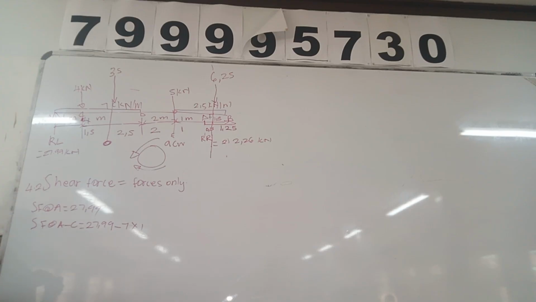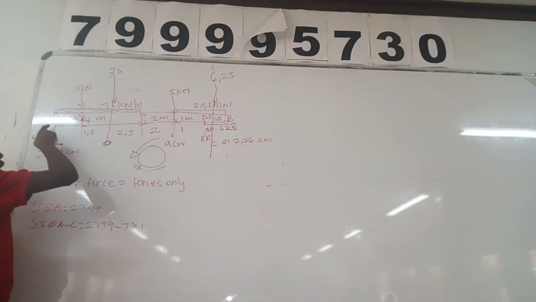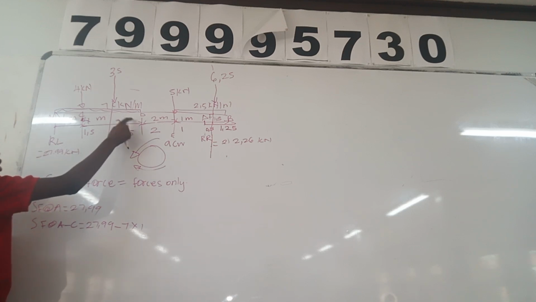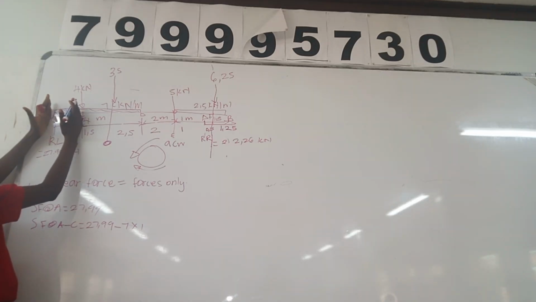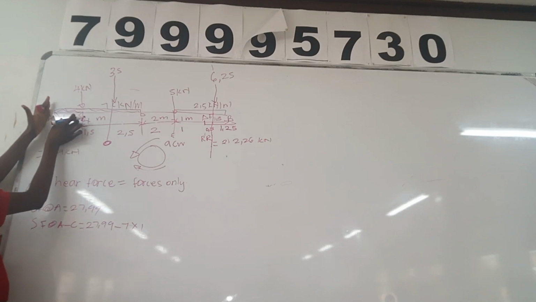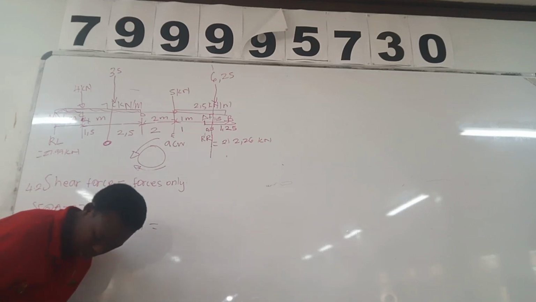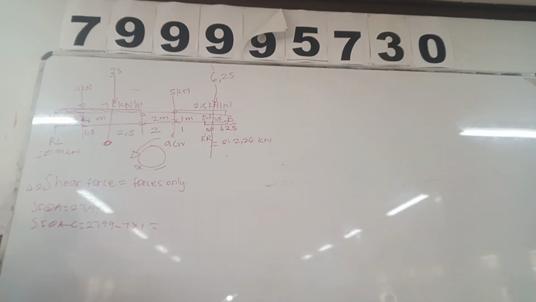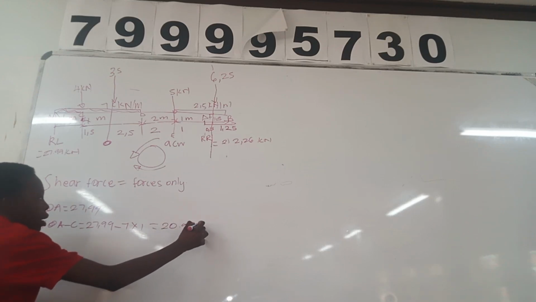This is a UDL, and it covers the distance from A to C, which is 1. So it's 7 times 1, and the shear force from A to C is 20.99.